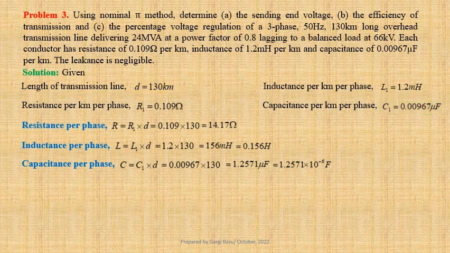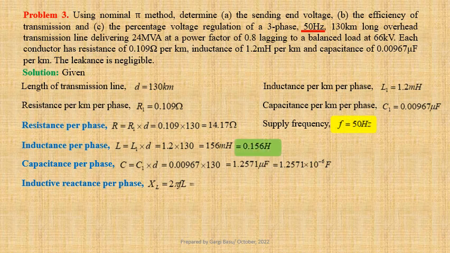Now we shall compute inductive reactance per phase. XL equals 2 pi f into L. Given supply frequency f equals 50 Hz. Therefore, XL equals 2 pi into 50 into 0.156. That gives us 49 ohm.